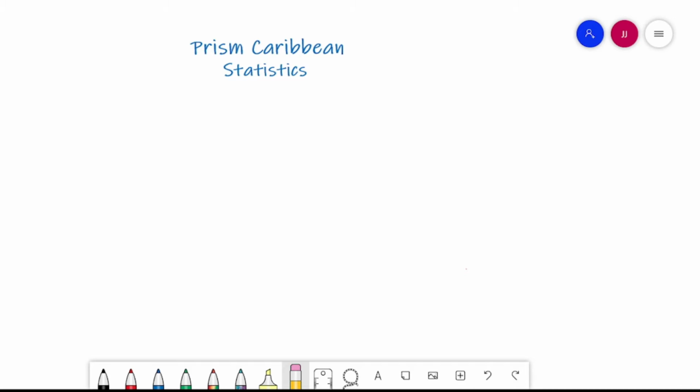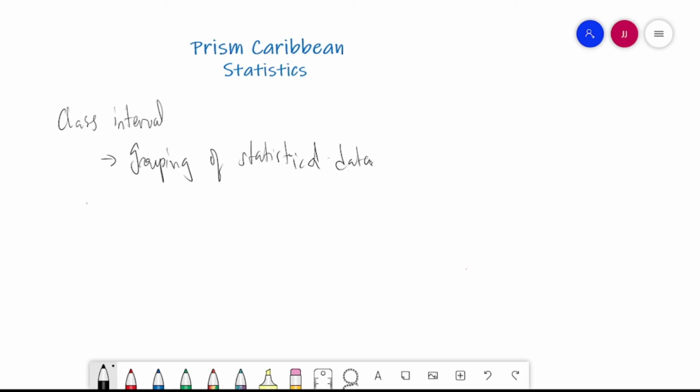Right? So first thing, class interval. For a class interval, this is a grouping of statistical data, which can be like 35 to 39 kilograms in a class. Example, a class of 35 to 39 kilograms.